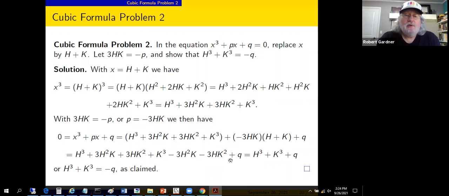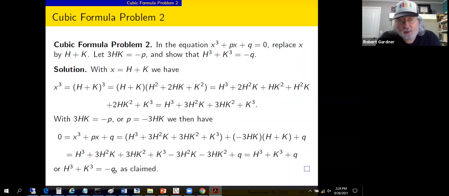Some things cancel. Here's a positive 3h squared k. Here's a negative 3h squared k. That and that cancel. Here's a 3hk squared. Here's a negative 3hk squared. That and that cancel. So we're simply left with h cubed plus k cubed plus q, as stated here.